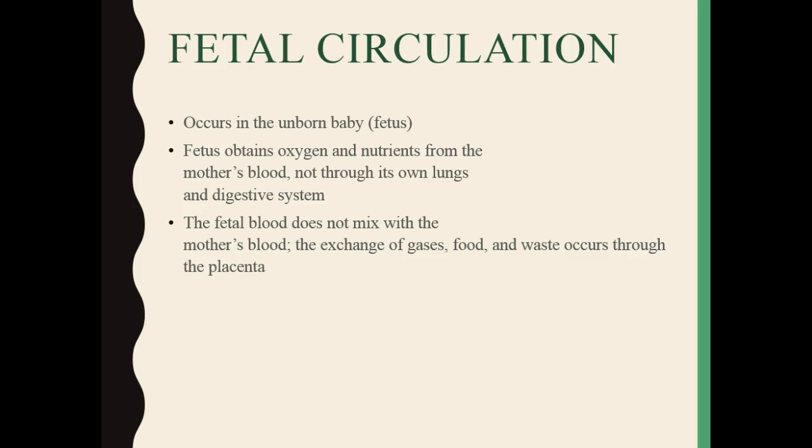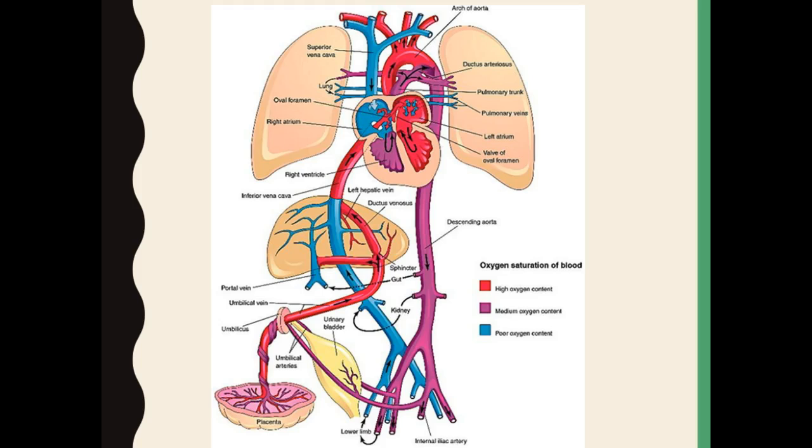Fetal circulation. A fetus has a very different circulatory system than an adult, and when I say the word adult, I mean a human being that has been born. A lot of this changes within just a few hours after birth. Within a few months, it is completely developed into what we would consider a normal adult circulatory system.